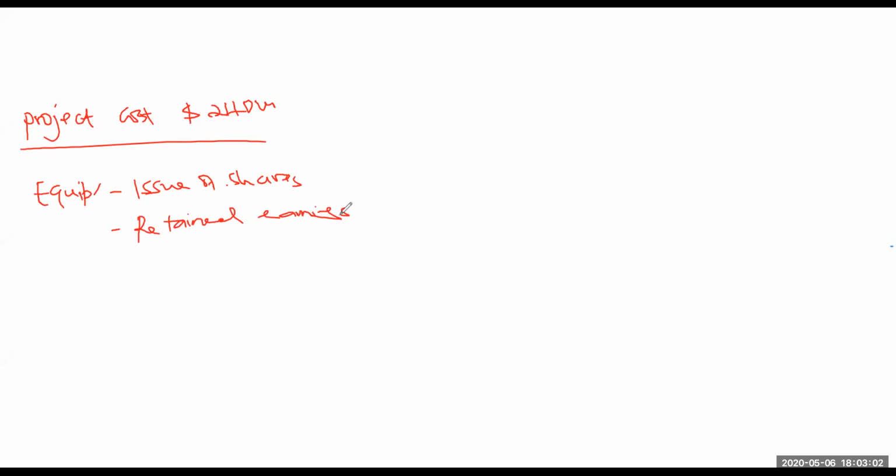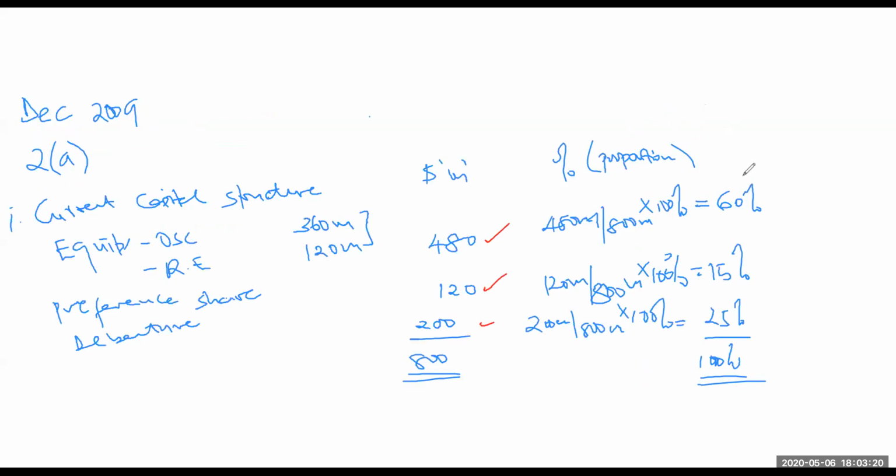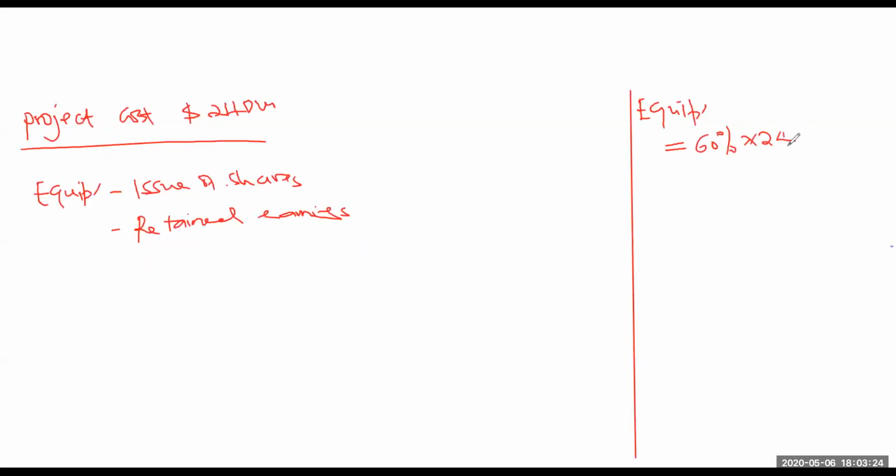Therefore, the amount of money the company will have to raise from equity, let me just have my workings aside. The amount of capital the company must obtain from equity is equal to 60%, as per the previous workings, times 240.